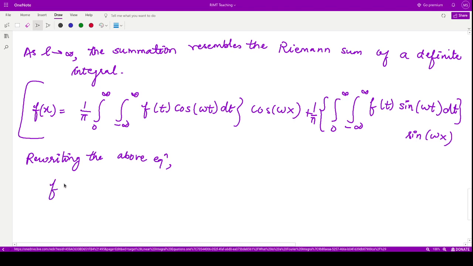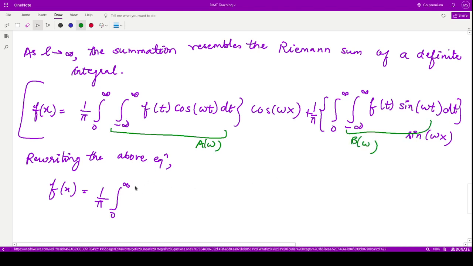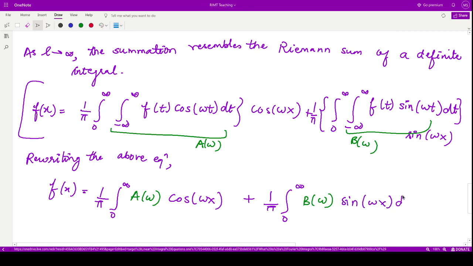I can write f of x as 1 by pi integration from 0 to infinity. Now I can define whole of this thing as a omega and whole of this thing as b omega. So this would be a omega into cos omega x plus 1 by pi integration 0 to infinity the term b omega multiplied by sine omega x d omega, right? So this is what you have here.